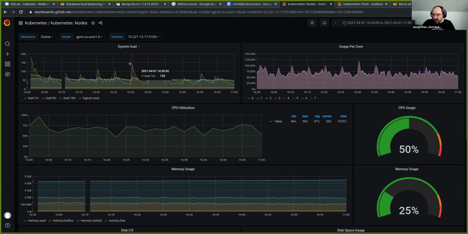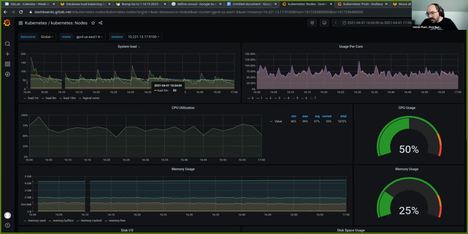Now, how many cores are in that box? Should be 8 if I recall. I could look that up so I'm not guessing. It looks like it's 8 according to what I see in the next one over.